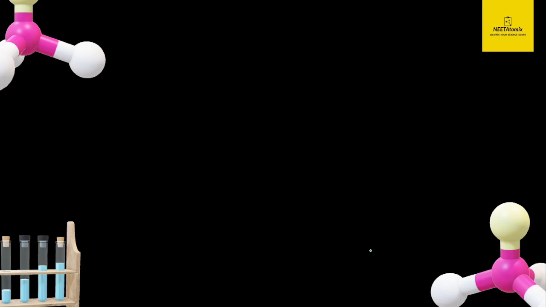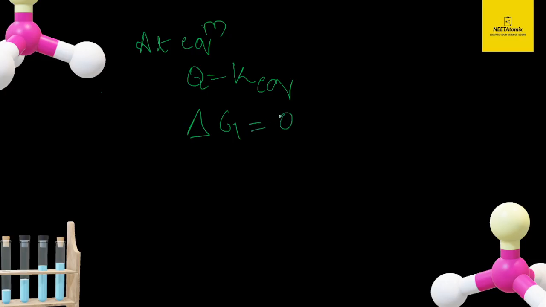Now let us consider an important case. At equilibrium, the reaction quotient is equal to the equilibrium constant K_eq. Q equals K_eq, and now delta G is equal to 0.